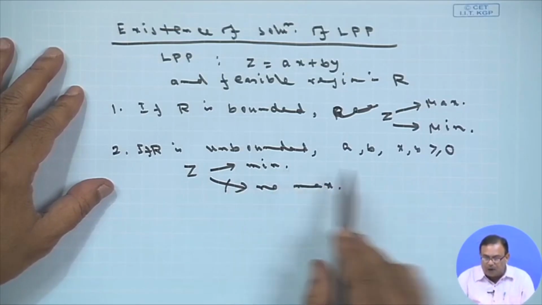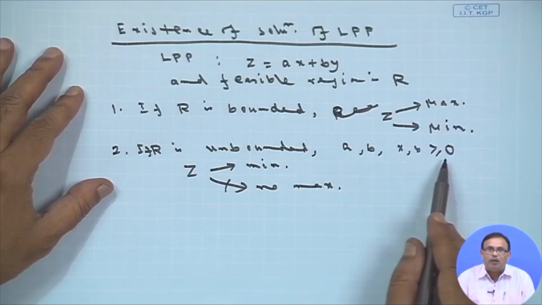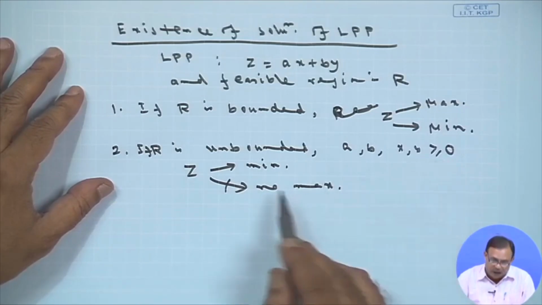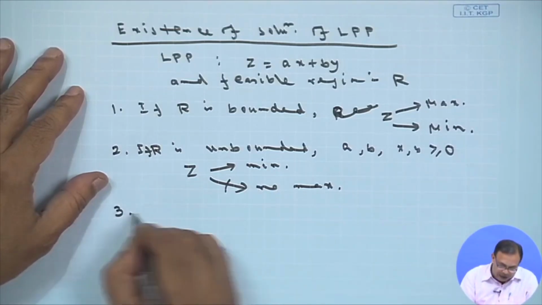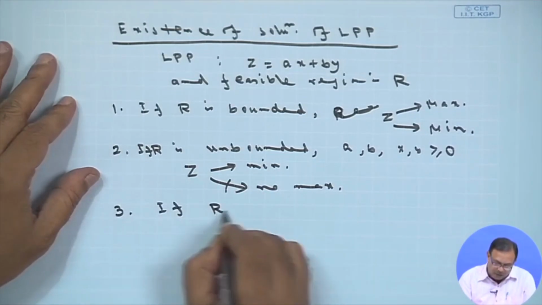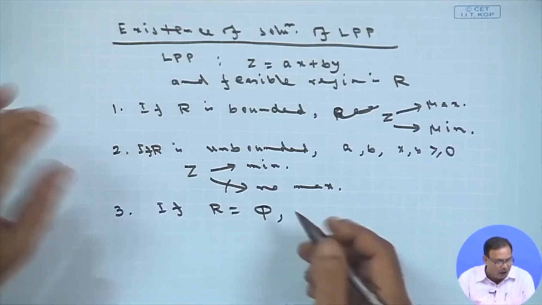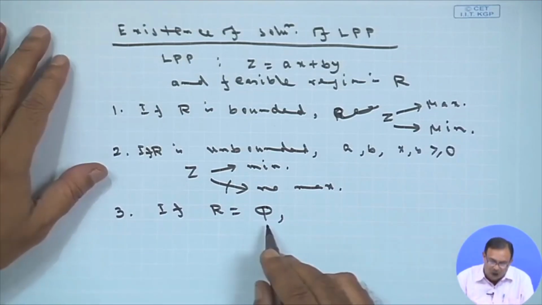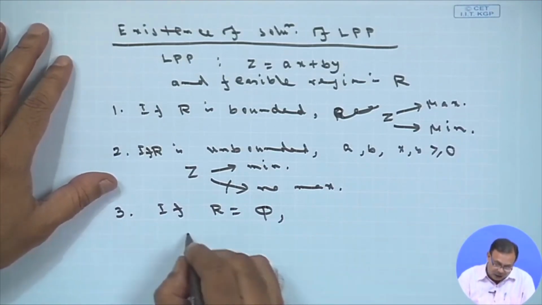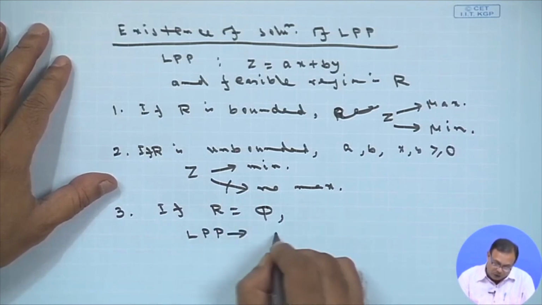And the third point is, if R equals null, that is, there is no feasible solution, R equals phi, in that case the LPP has no solution.